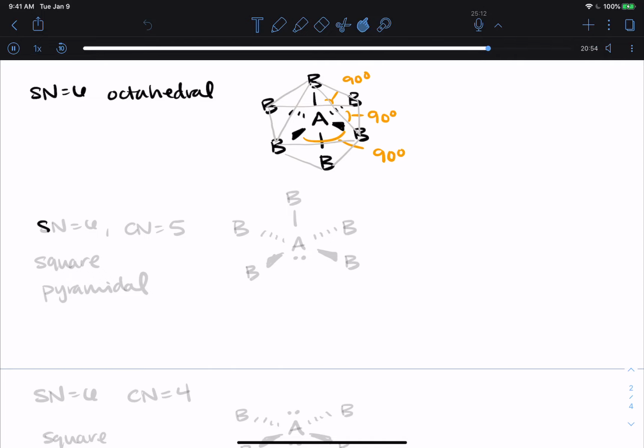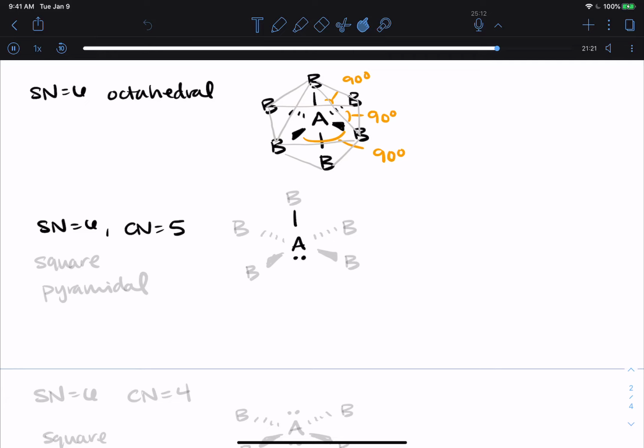If we put in one lone pair, so our coordination number is 5, you can put that lone pair in any position you want. So every position is equivalent in octahedral. Now we have a tendency to put it in this bottom spot because it makes the picture a little bit easier to see when we're trying to name this shape.